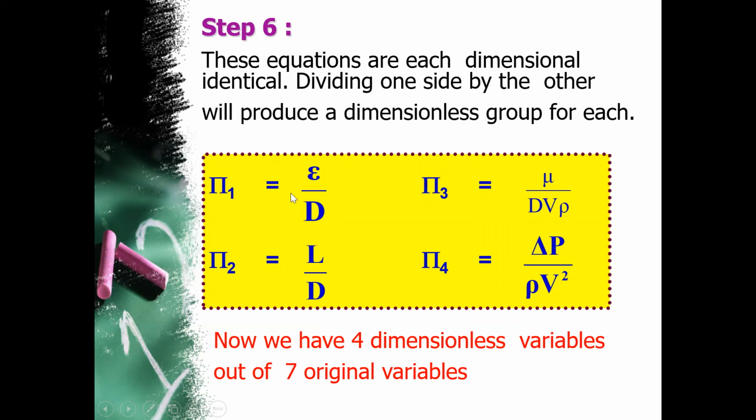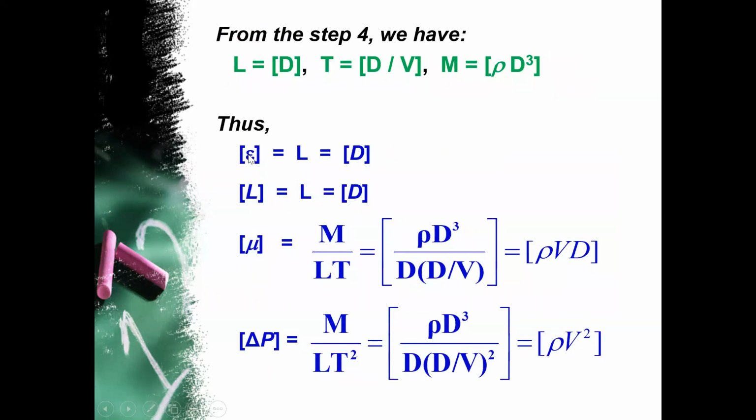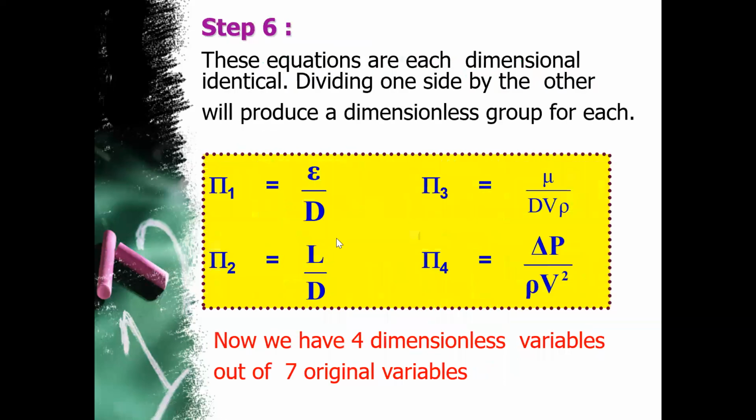Okay, let's say the first one, this is pi, or this is epsilon over D. Okay, take this one, epsilon divided with D. That'll be, the next one will be the length of pipe divided with D, right? Length of pipe divided with D, and then the rest will be the same.